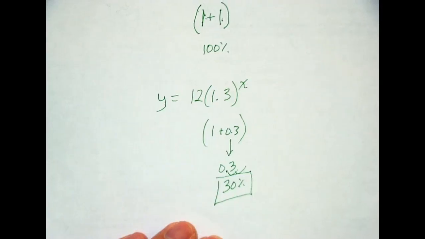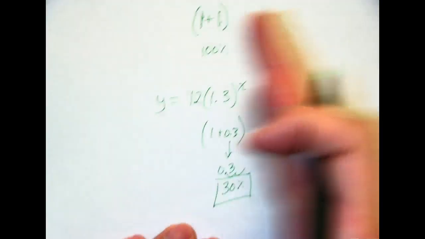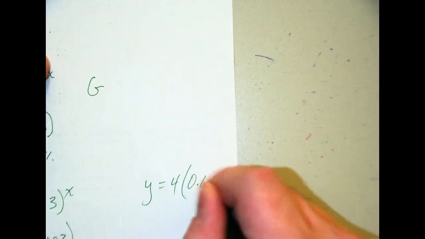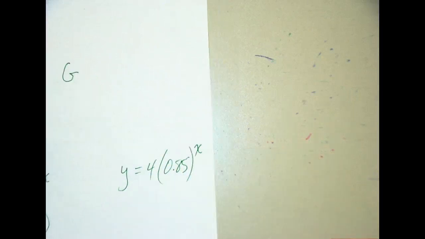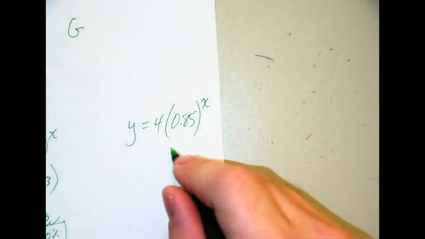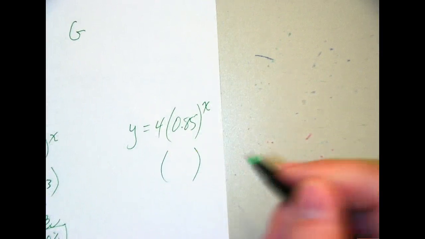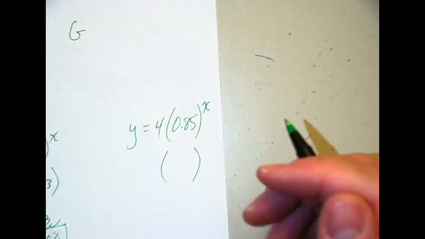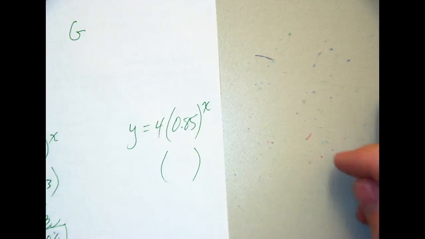Everyone with me? We figure out where we go from 1. Okay, well, let's say I have now y equals 4 times 0.85 to the x. What is my rate of change? 0.15. Okay, so once again, where should we always start? 100%.